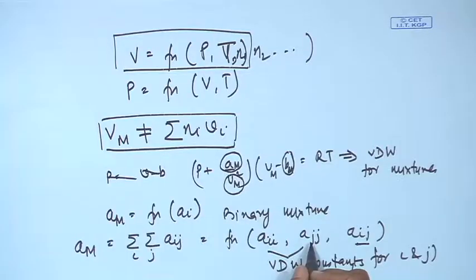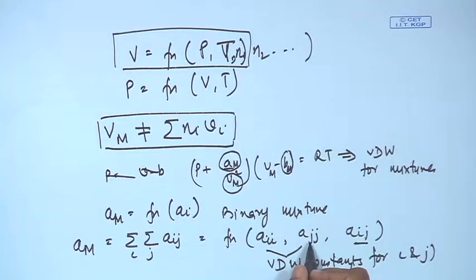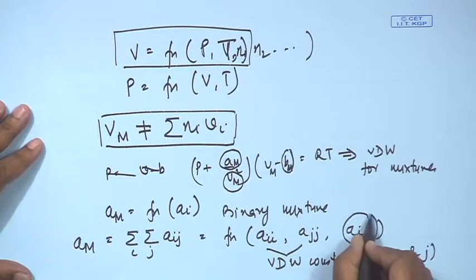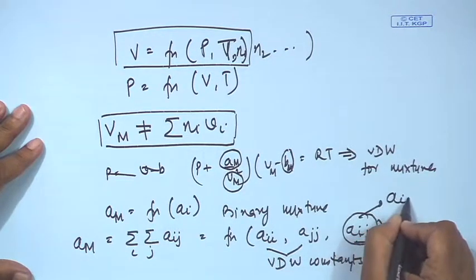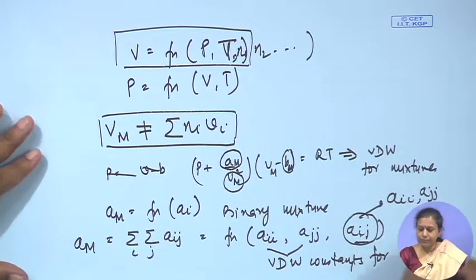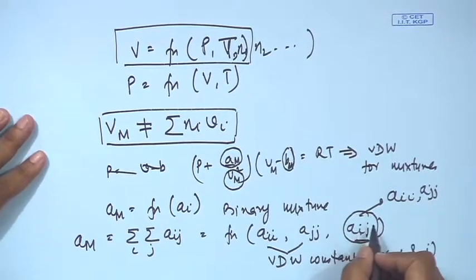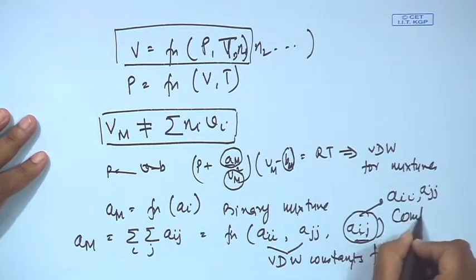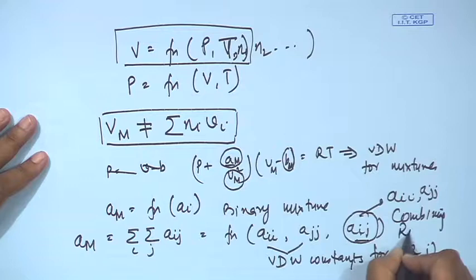Now, Aij can be equated to Aii or Ajj provided the molecules are all similar in nature, which is usually not the case. When i and j are dissimilar molecules, there should be some way of predicting Aij in terms of Aii and Ajj. The rules which suggest how to predict the interaction parameters in terms of the pure component parameters are known as the combining rules.